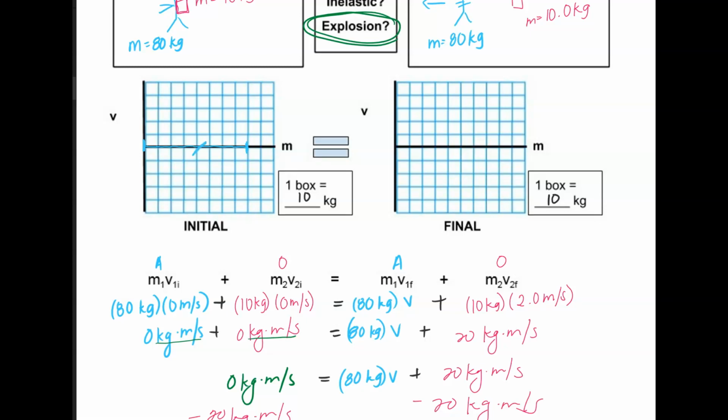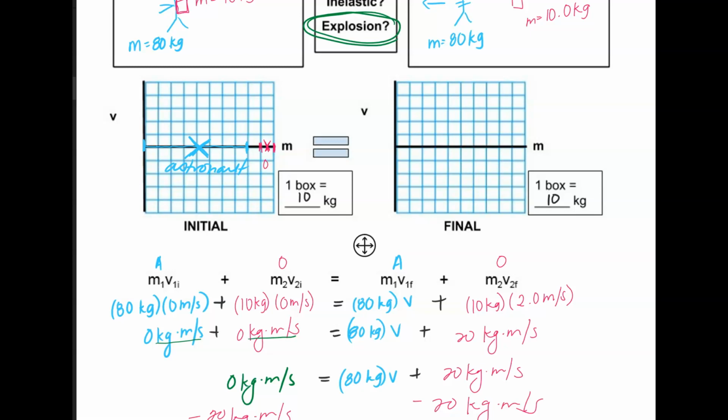And they're moving at 0 meters per second, so it gets an X there. And our oxygen tank is also moving at 0 meters per second, so it gets an X there.